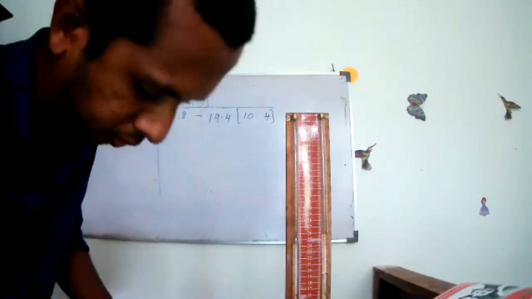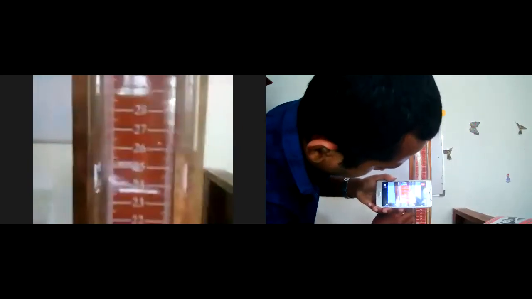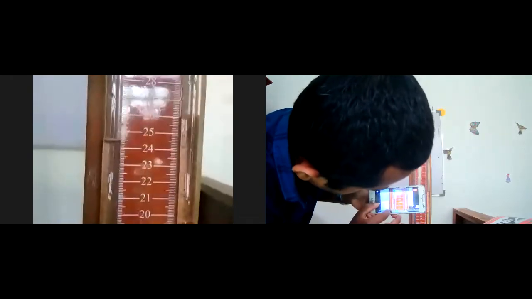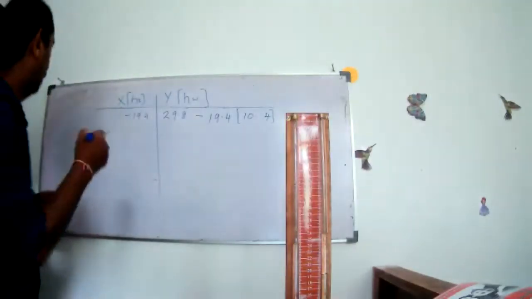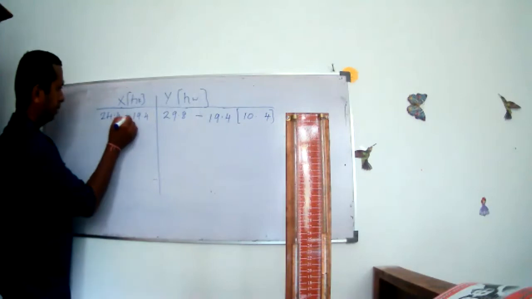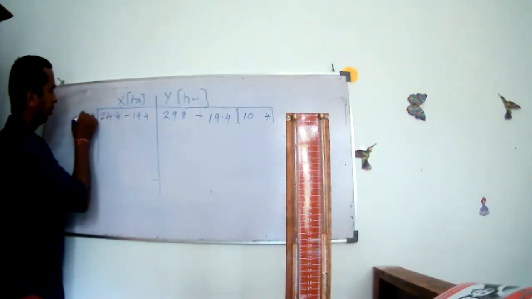So then I am going to find out the relevant value of the y coordinate, sorry, the water column. This is the upper portion of the water column, 25.4, right?